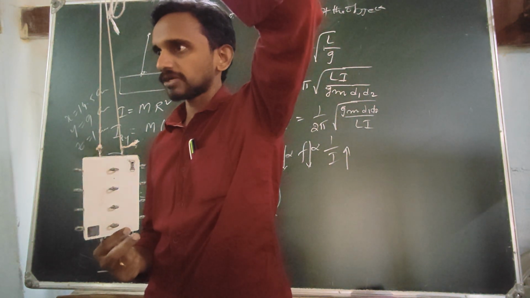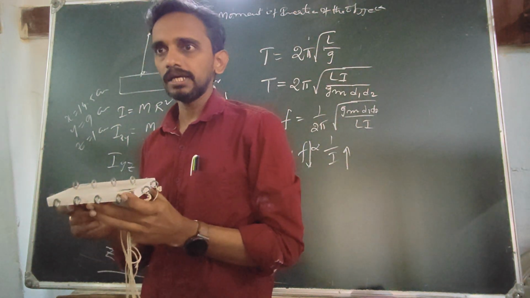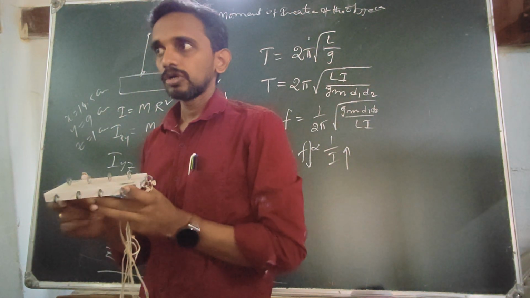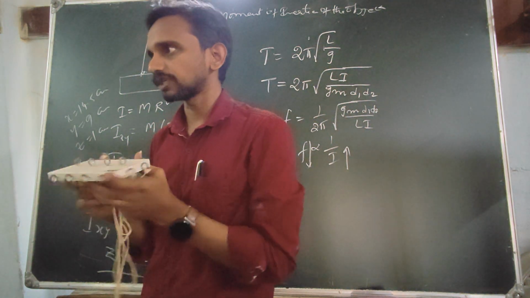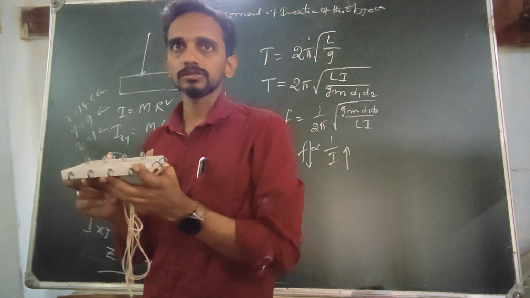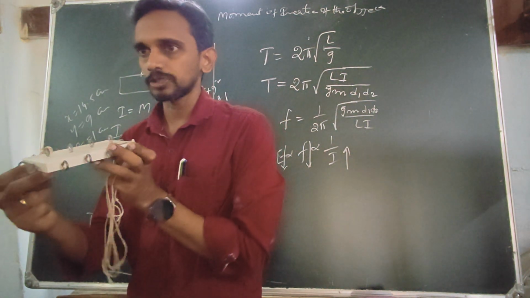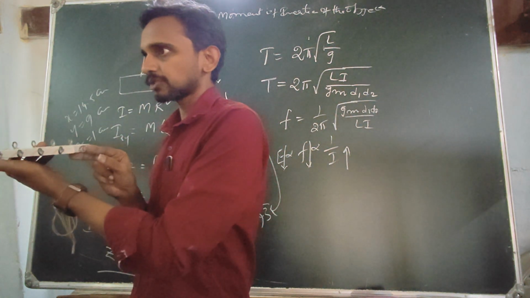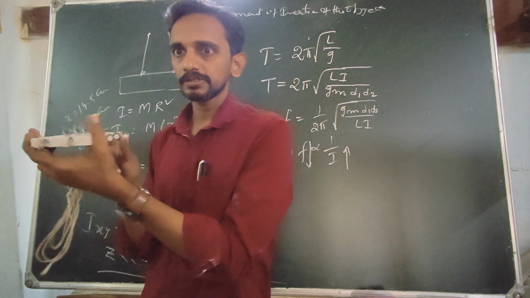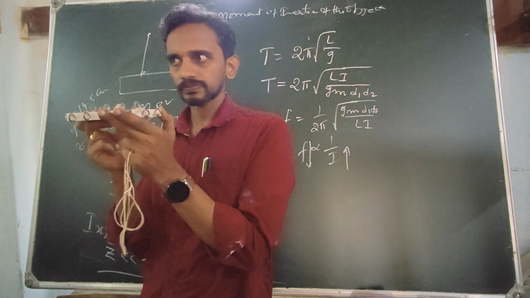What is the conclusion that we can arrive at? Higher the area, higher is the time period, because it is very difficult to move it. Right. So what we are doing is bringing it into circular motion, stopping it, getting it back again into circular motion, again stopping it. So we are simply playing with the moment of inertia of this object.